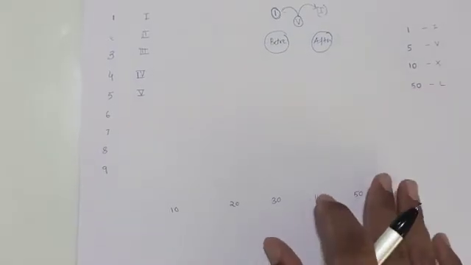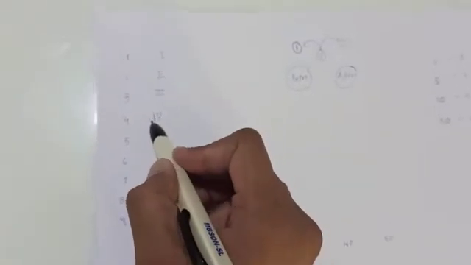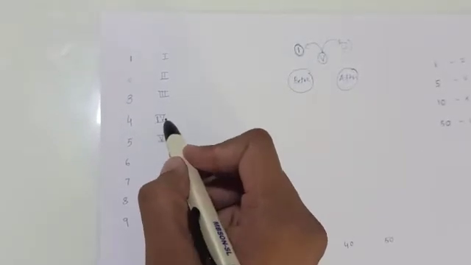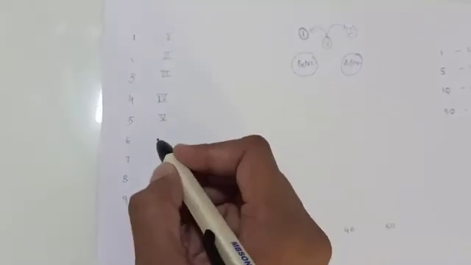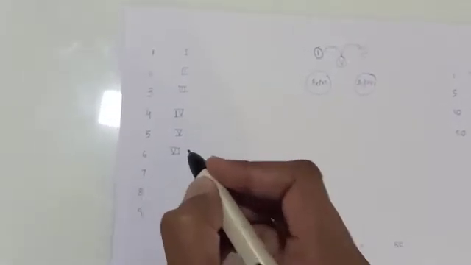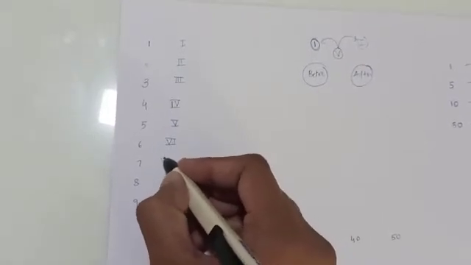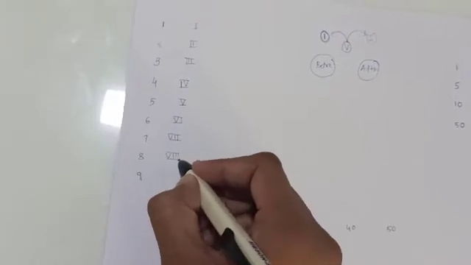Okay students, so here we write V and the before number I. So 5 minus 1 is equal to 4. And for the after number, after 5 it is 5 plus 1, which is 6. 5 plus 2 is 7. 5 plus 3 is 8.